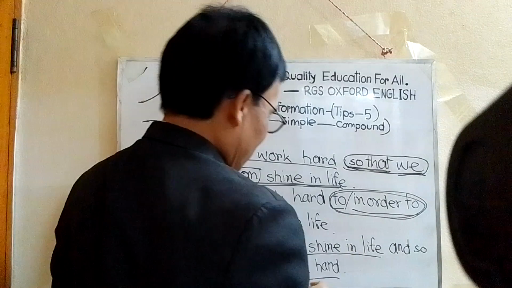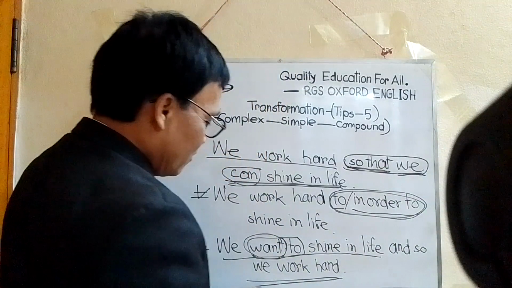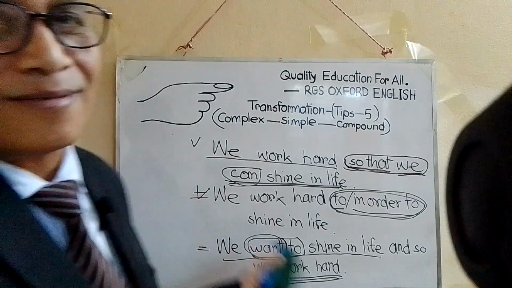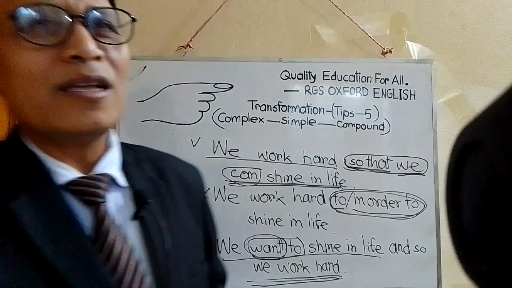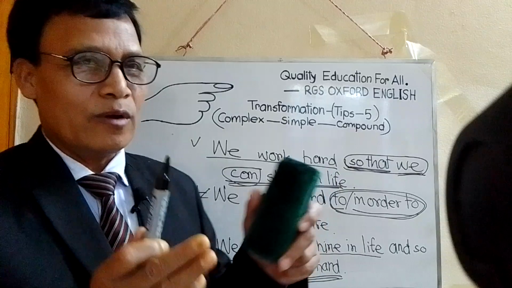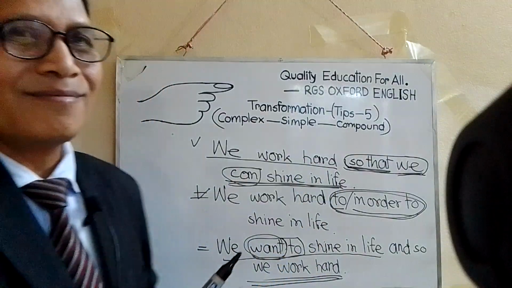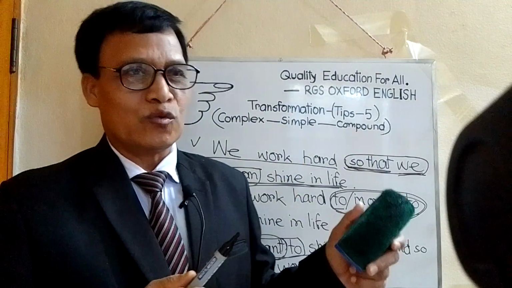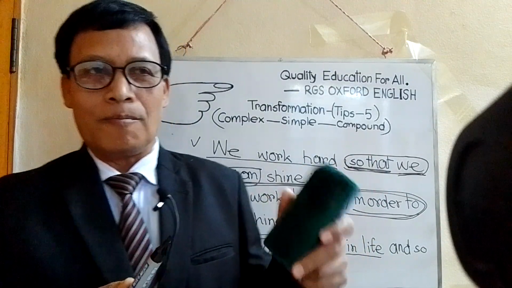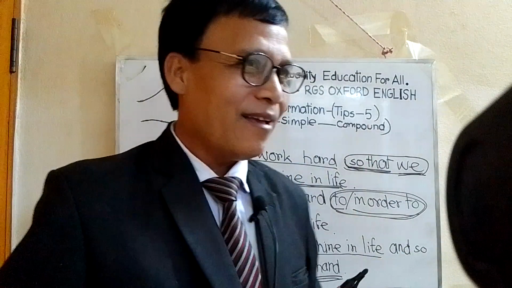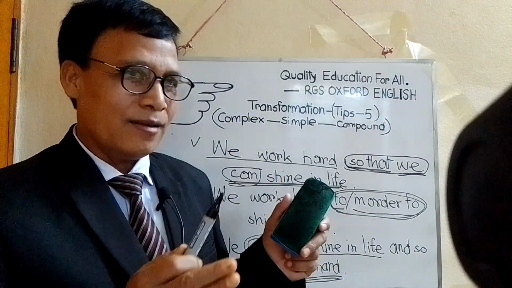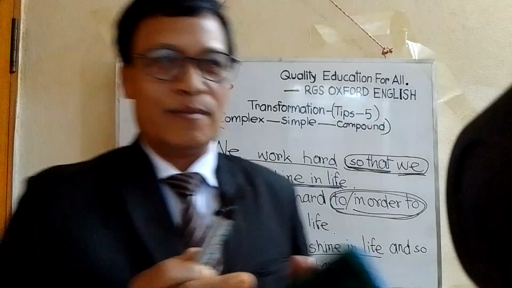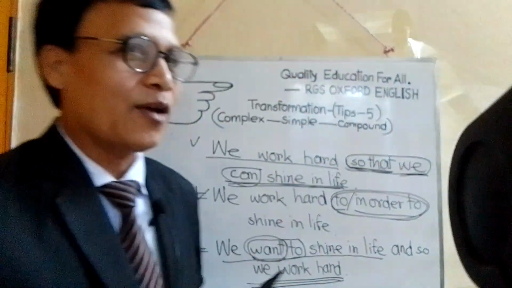And as we have displaced the clauses, we will do the same work, and then we will be able to make the complex sentence into simple, compound, or compound into simple and complex. Okay, this is the way we make a complex sentence into a simple sentence and a compound sentence. Okay, thank you. Bye.